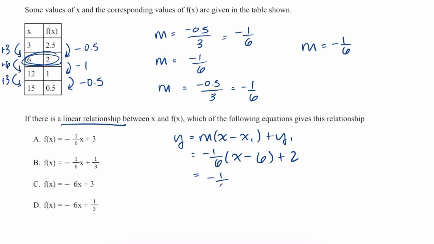We simplify this further by distributing the negative 1/6, and we get plus 1 plus 2. And our final equation is y equals negative 1/6 x plus 3. So the answer is also A.